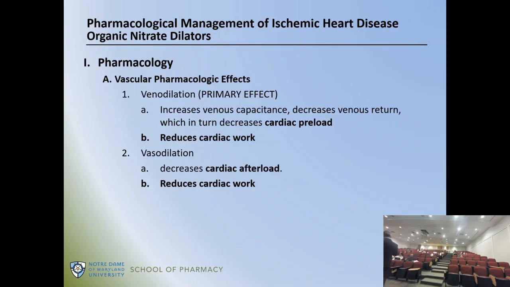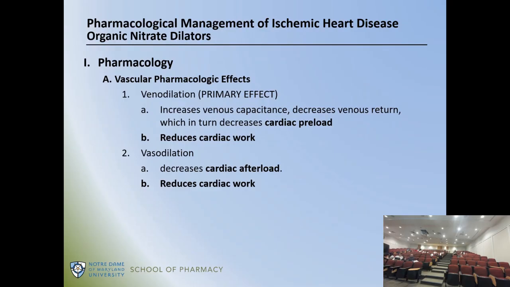When your veins dilate and relax, their capacity to hold blood increases, right? Venous capacity increases. And that has a specific effect on the amount of blood going back to the heart, which we refer to as venous return, right? So as your veins dilate, venous capacity increases, but venous return decreases.